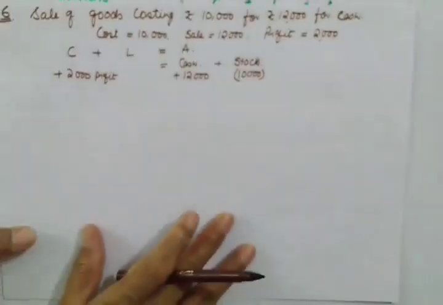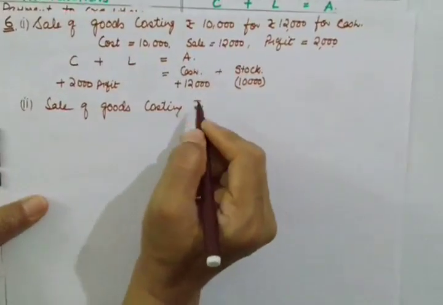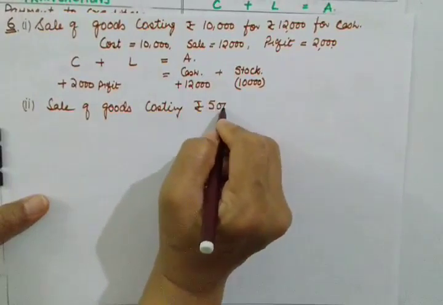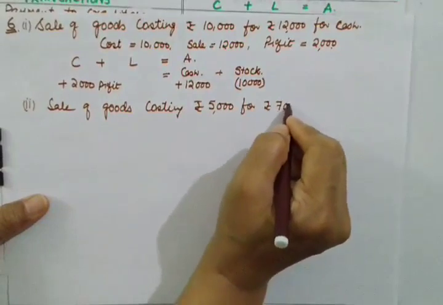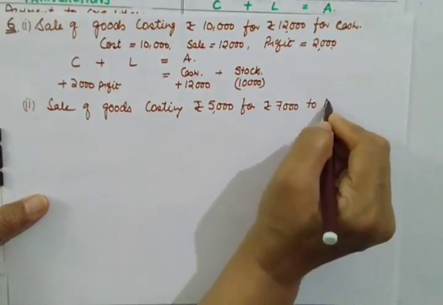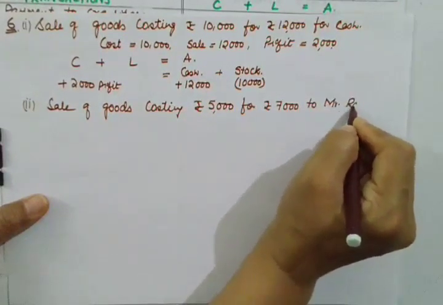So now let us do an example based on this. This was 6th first part. 6th second part: sale of goods costing rupees, let us take a different example, 5,000 for rupees 7,000 to Mr. Rakesh.